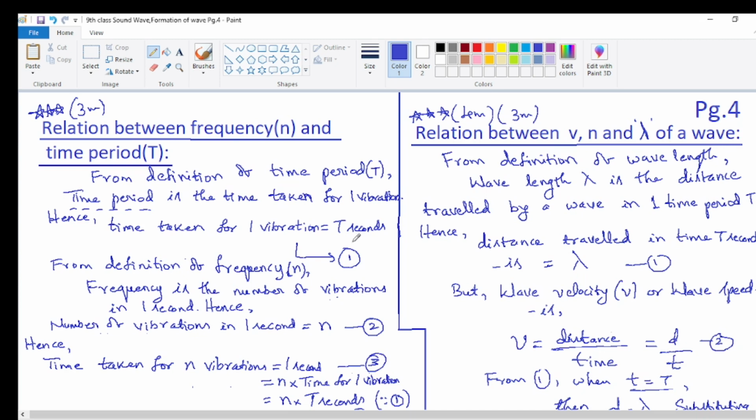What is the real life situation? Formation of the wave. Already we have seen how the wave is formed. From that only definitions are obtained. From the definitions, derivations will be based upon. That's always applicable to every topic in science and engineering.